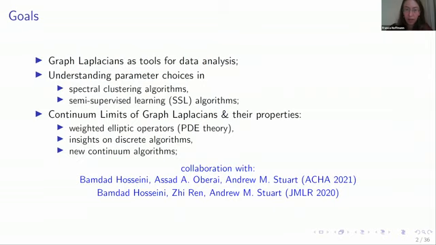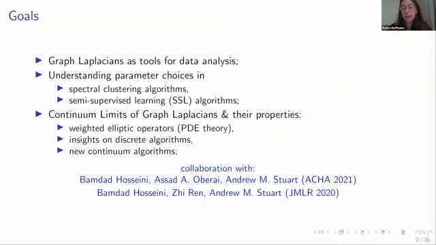And so the angle at which I'm coming to this is with a PDE background, since I come from PDE theory myself, and a lot of these formulations or discrete clustering and classification algorithms have continuum analogs, especially when you take the number of data points to infinity and you consider big data limits, and there are several types of limits that you can take.